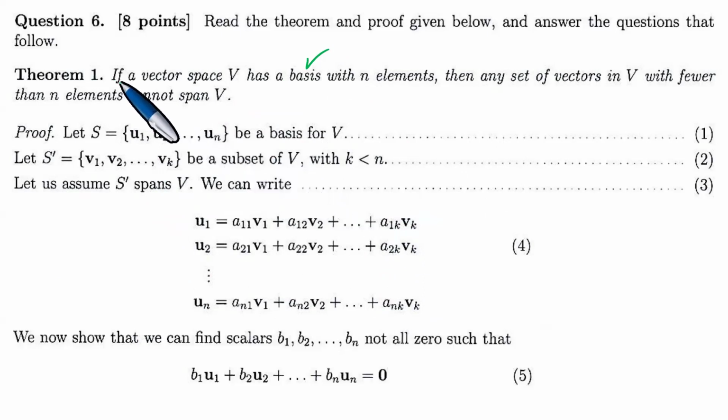Obviously they always mention vector spaces and bases in the long questions. Like in the one we did last time, it was eigenvectors that are always linearly independent. There was a presented proof about eigenvectors that are always linearly independent, and therefore you had to deal with linear independence.